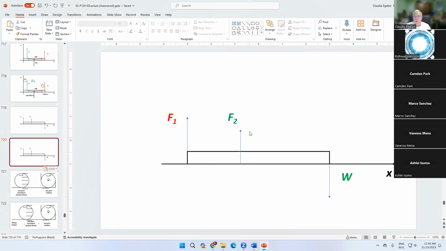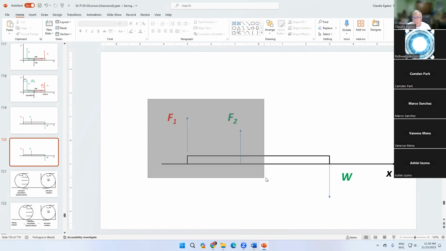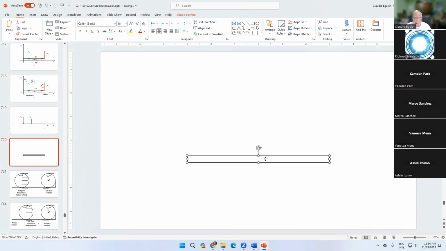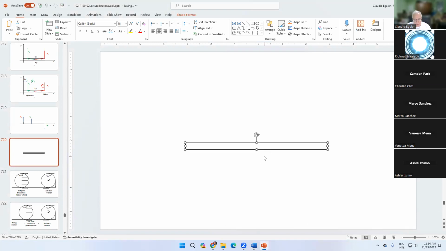So I'm going to do right in here. Let's see. I'll take advantage of this one. I don't need them anymore here. Erase, erase. Okay, here's my rod. I'm going to come out with another rod. Rotate it, right like that. Those rods have different sizes.